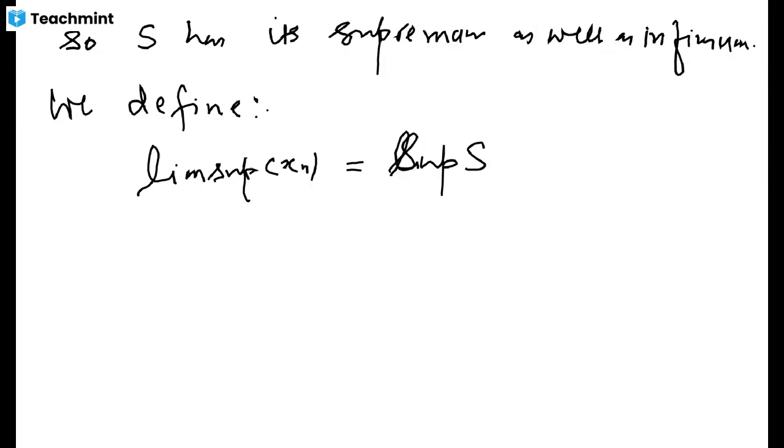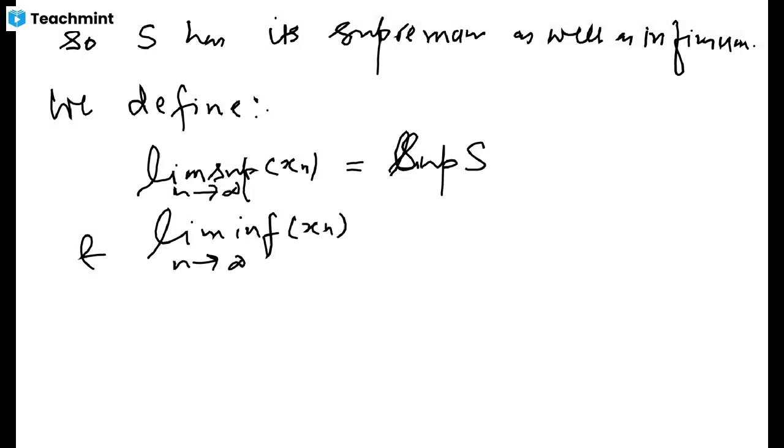That means the supremum of all limit points, and limit inf of xn as n tends to infinity, this is known as the infimum of S. And these limits have alternate notations also.